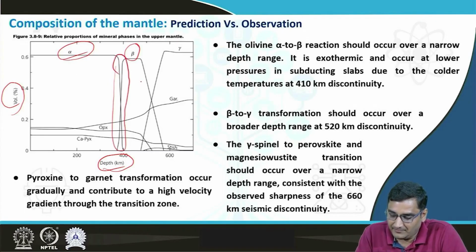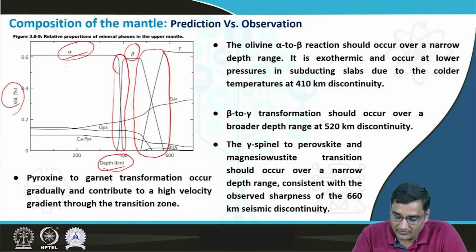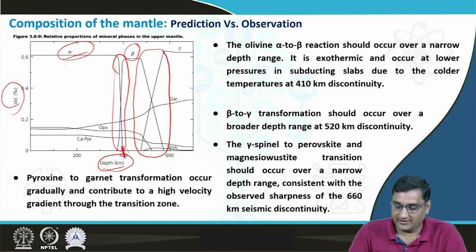While if you compare it with the beta to gamma phase change, the change is happening over a relatively broader depth range. The change from alpha to beta is basically exothermic in nature and occurs at lower pressures in subducting slabs due to the colder temperatures at the 410 kilometer discontinuity.